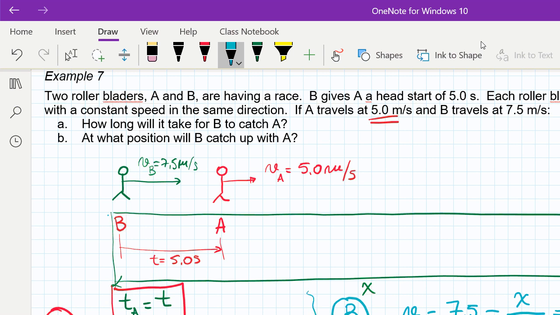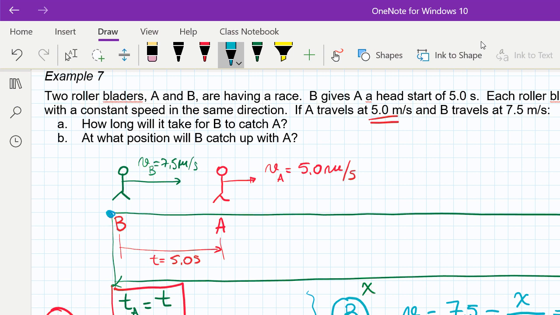And now when we move to roller blader B, the speed is 7.5. And this is the result of the distance, so VB equals DB over TB. Distance is the same because they start at the same point and they meet at the same point.